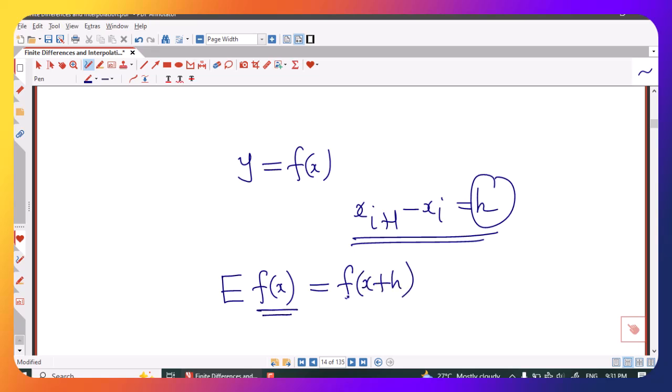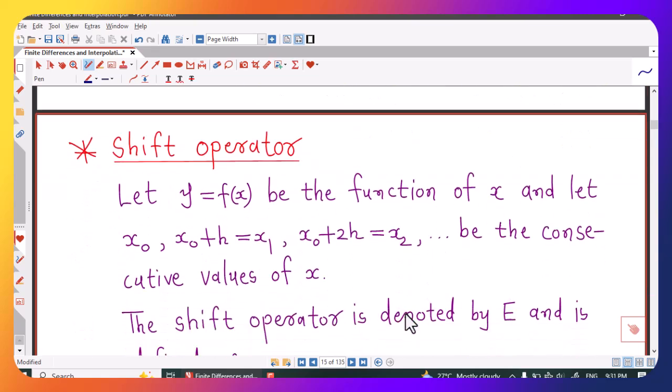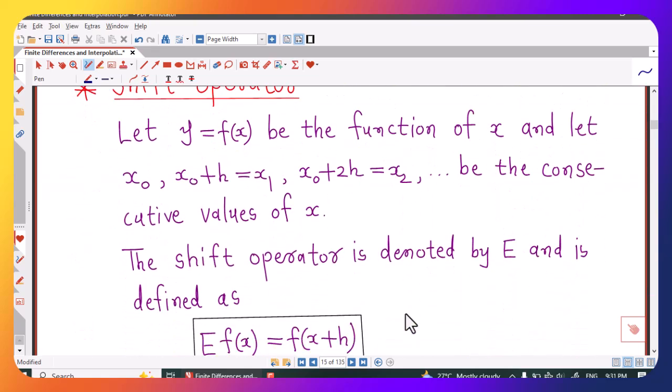If I have f(x) here, then I will have value of function at x plus h. So if I want to define E f of x1, then here I will consider f of x1 plus h, or it is f of x2. So it is also easy definition of shift operator.